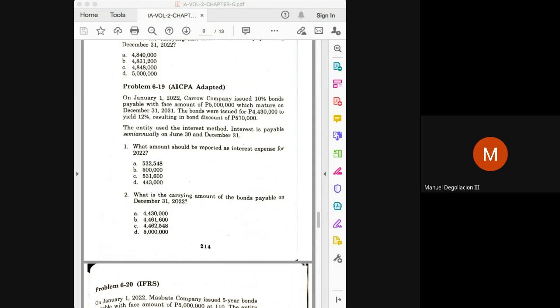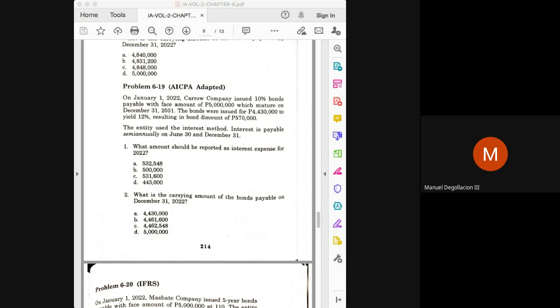So every time there's an amortization, there will be an updated carrying amount. If you want to determine the amortization for 4 periods away, then you will have to keep on amortizing and updating the carrying amount 4 times. And that's what we're doing here.